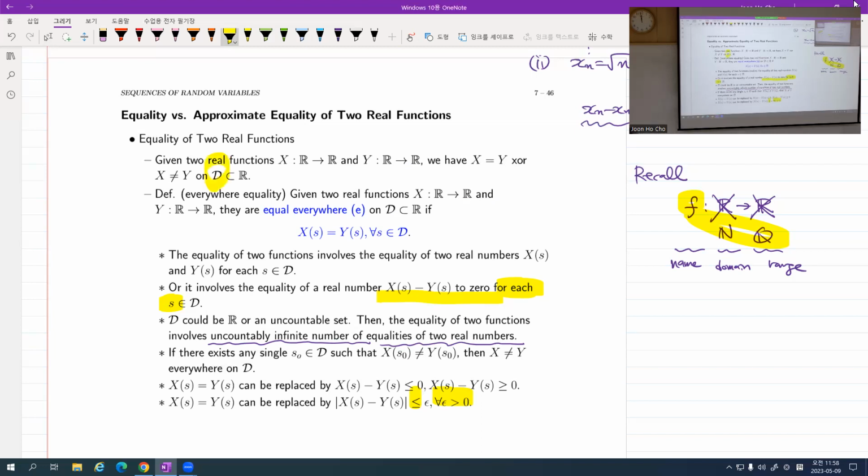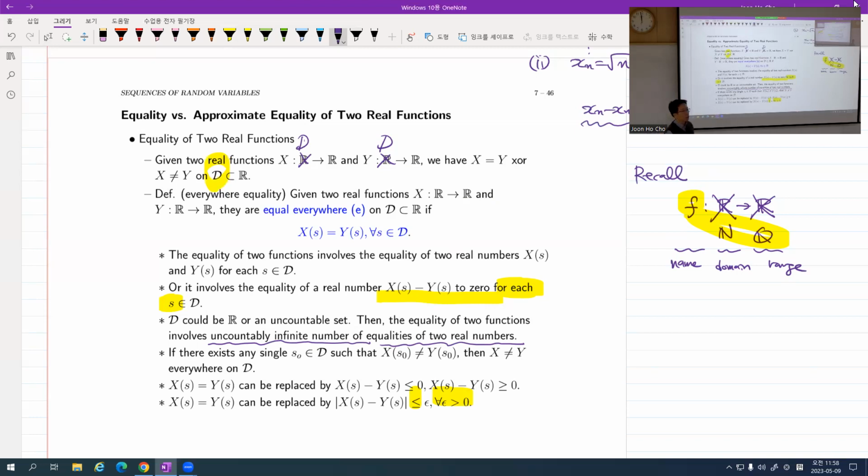So let's consider two functions, capital X and Y, having the same domain D. Actually, I'd better write this as D to R and D to R. If the domains are the same, then you are ready to compare whether they are the same or not.